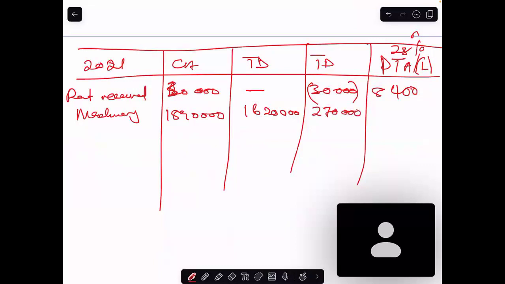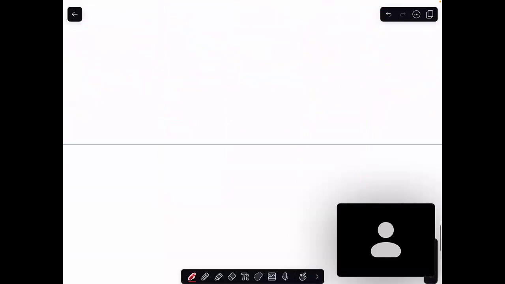It will give us a taxable temporary difference, which will give rise to a deferred tax liability. 270,000 times 28%, times 0.28. How much? 75,600. Right, we're done with this one.